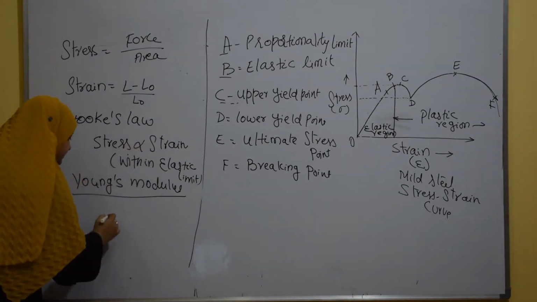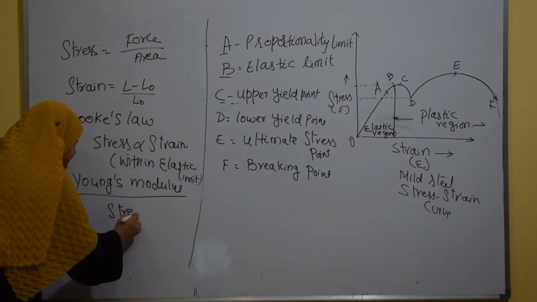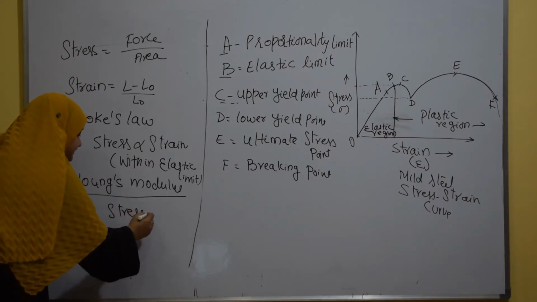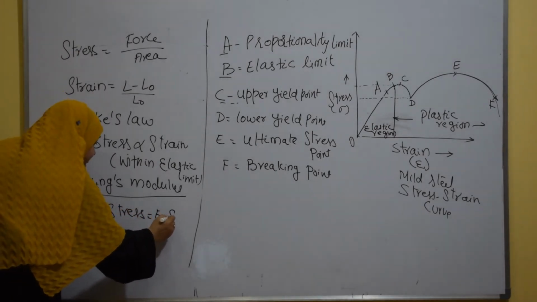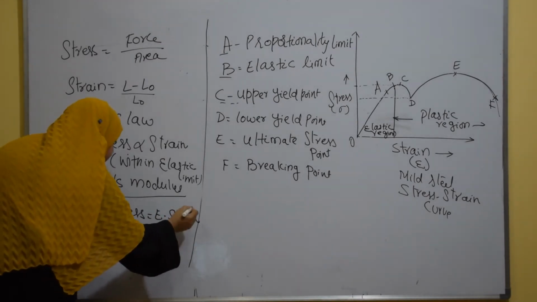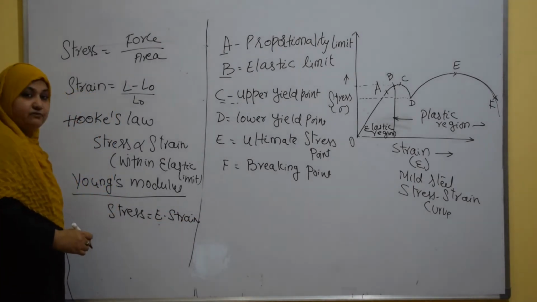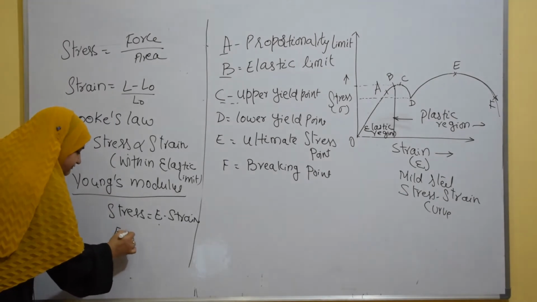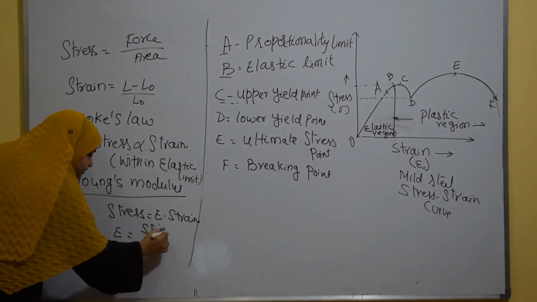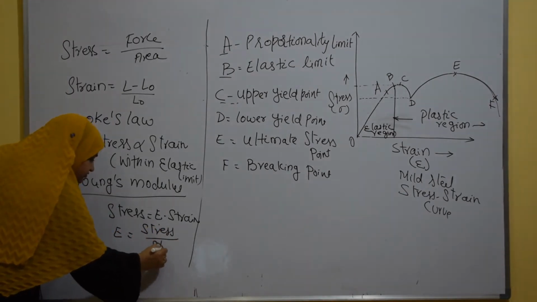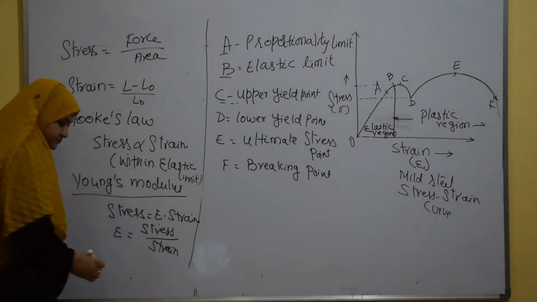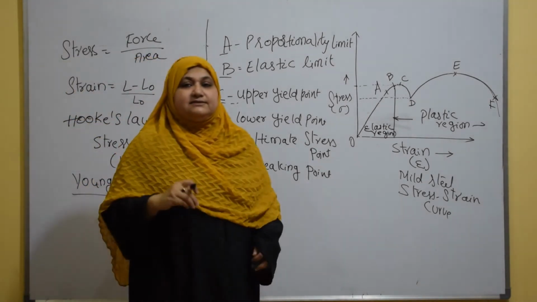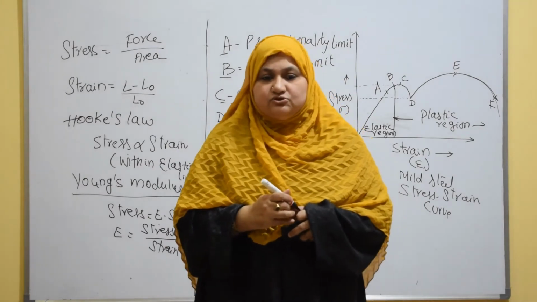If you remove this proportionality and replace it by some constant, that is E into strain. So E is called modulus of elasticity. So modulus of elasticity is the ratio of stress to strain, right?